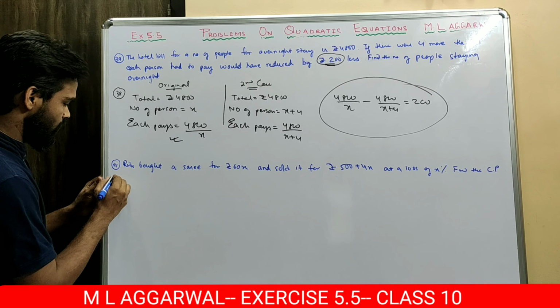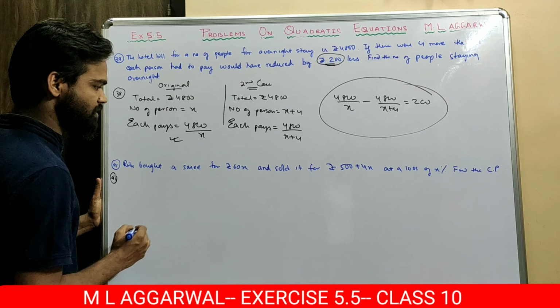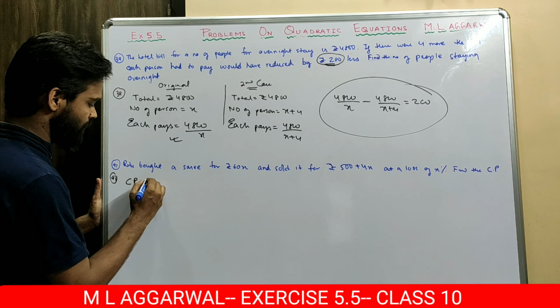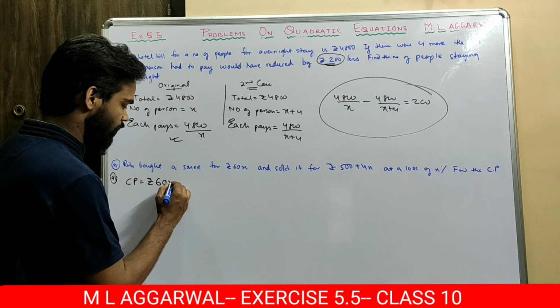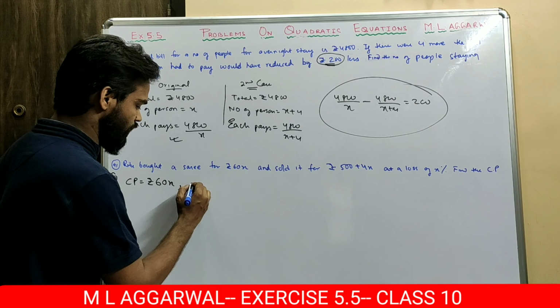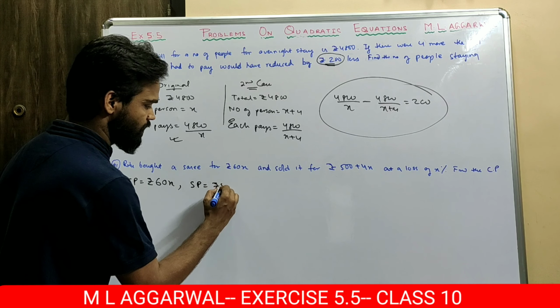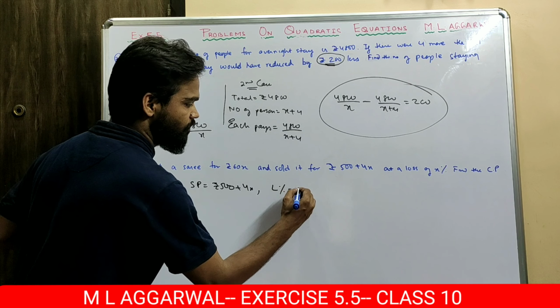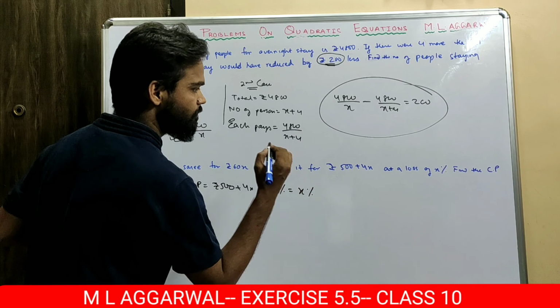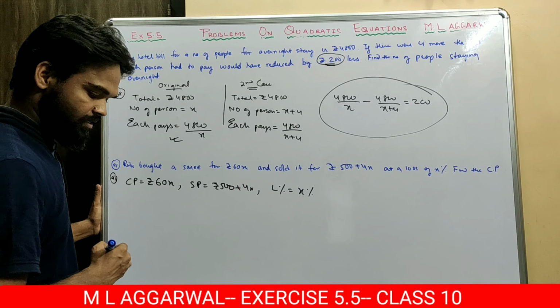It says Ritu bought a sari for rupees 60x, which means CP is rupees 60x, and sold it for rupees 500 plus 4x. So SP is rupees 500 plus 4x at a loss of x%, isn't it? Find the CP.